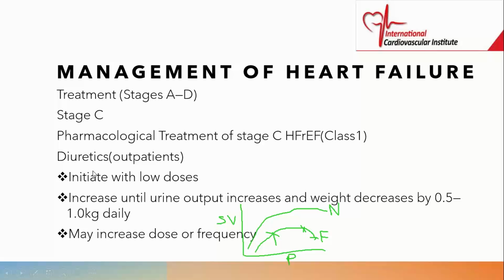You usually start with low doses. So start low and then you increase until the urine output increases or until the weight decreases by about a half to 1 kilogram. So you don't just put them on a fixed dose and leave them and hope that they feel better. No, depending on the amount of congestion, I'll bring the patient back.